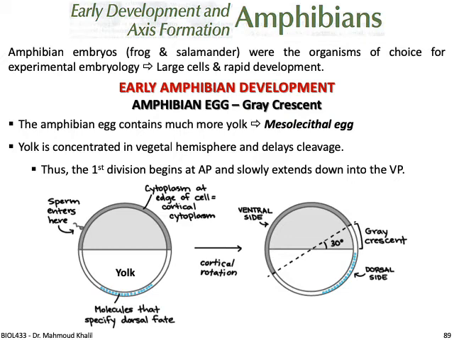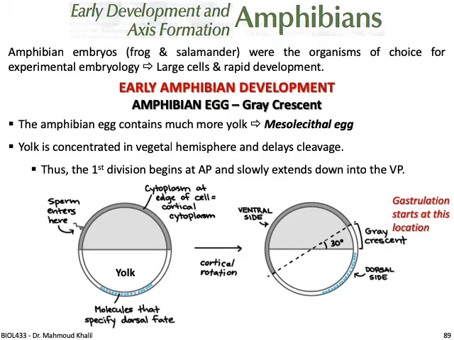This cortical rotation leads to the merging of the cortical cytoplasm of the ventral part with the cortical cytoplasm of the animal part. So the merge leads to the movement of the blue molecules into the dorsal side, and the formation of a region called the gray crescent.